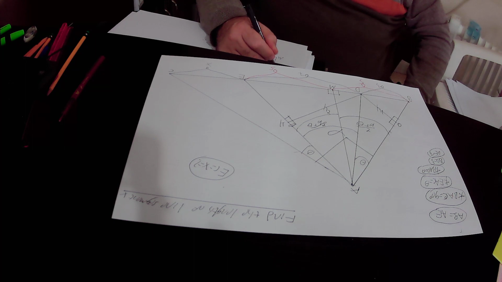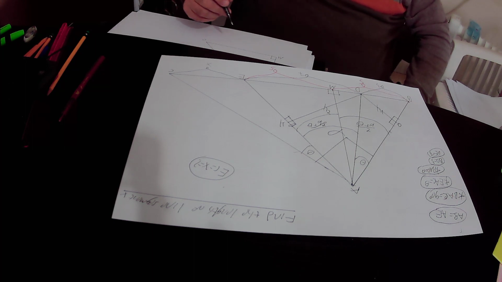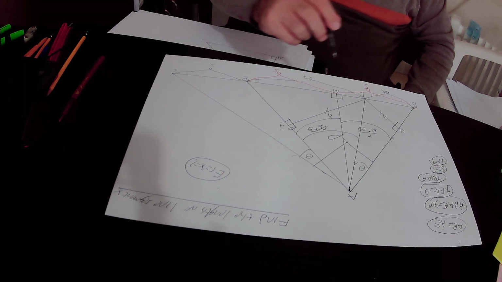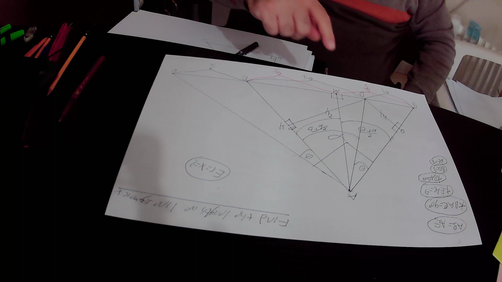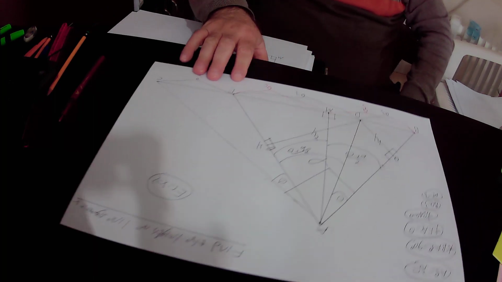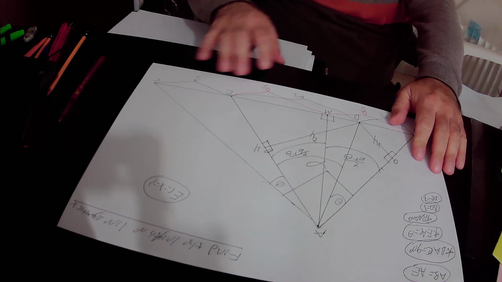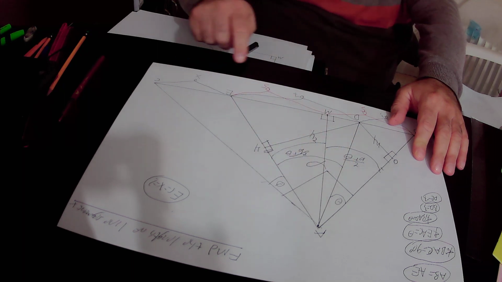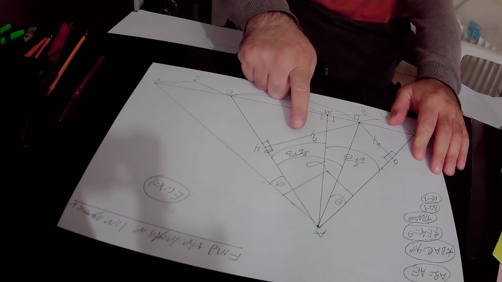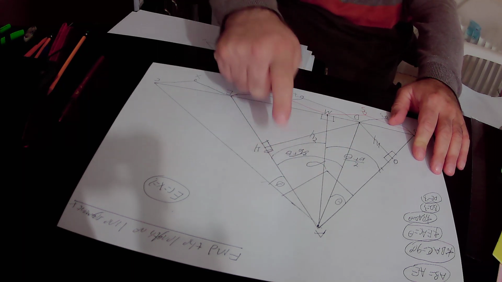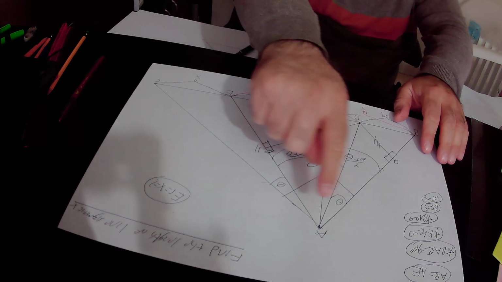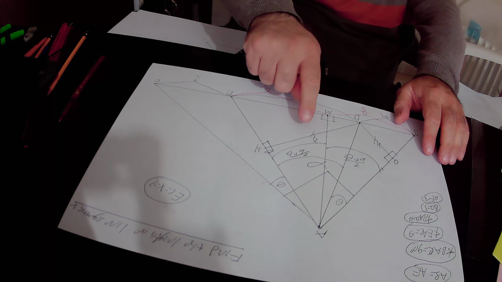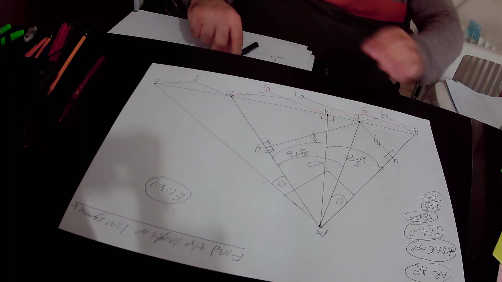AM is equal to h according to our definition. What is the value of angle MAC? The value of angle MAC from the drawing, it is very easy to see that it is actually equal to (theta plus alpha) over 2 plus theta.